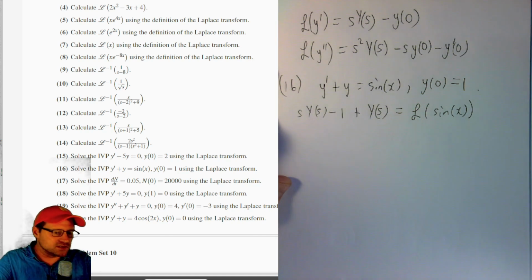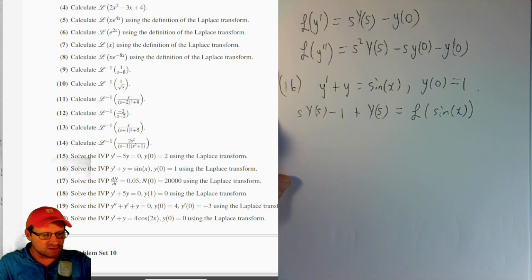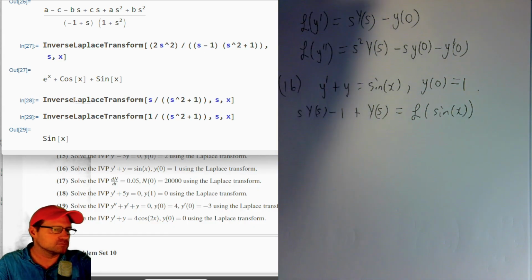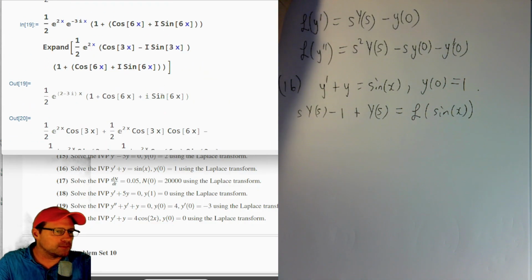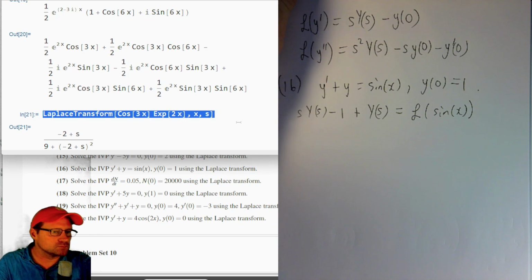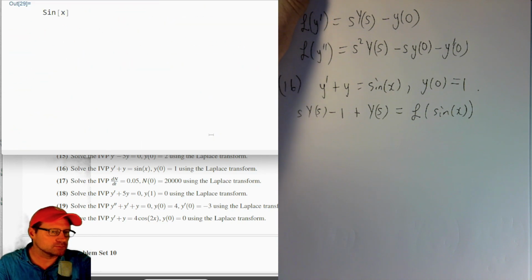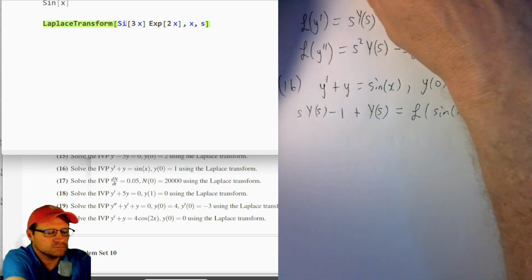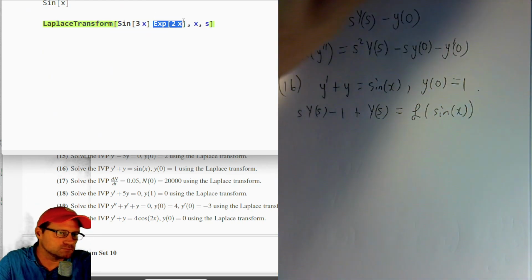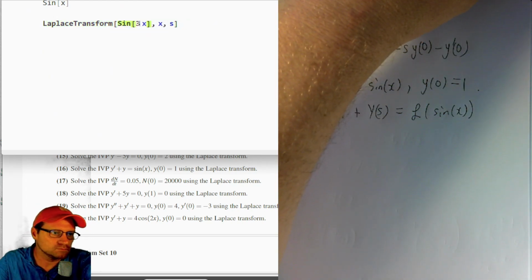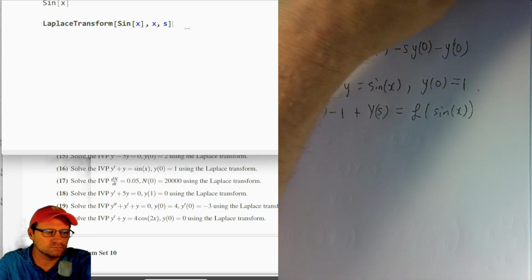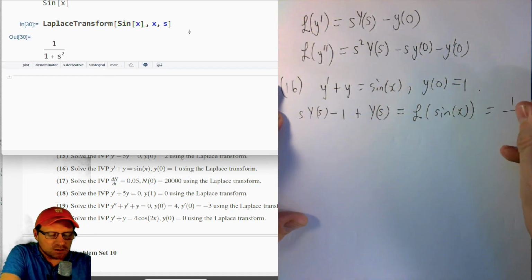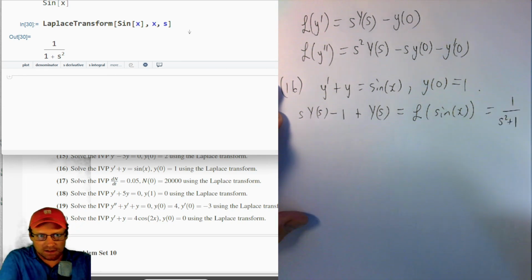Okay, so I think we had this in a table, but we may as well just use Mathematica to remind ourselves what that was. Okay, and so we have 1 over s squared plus 1.